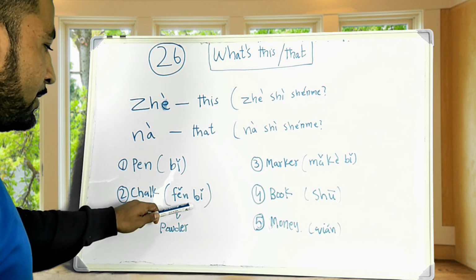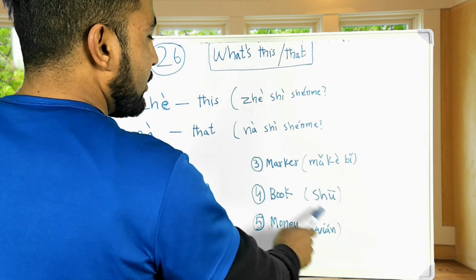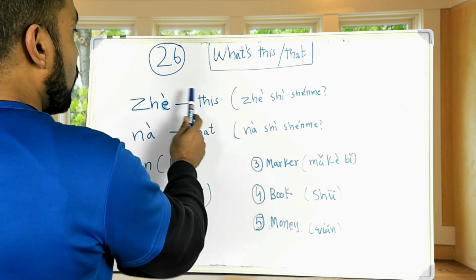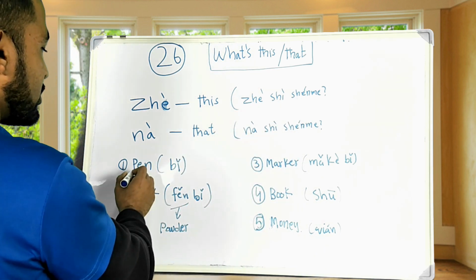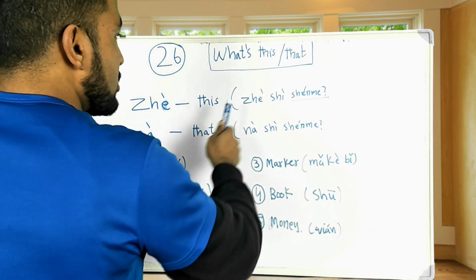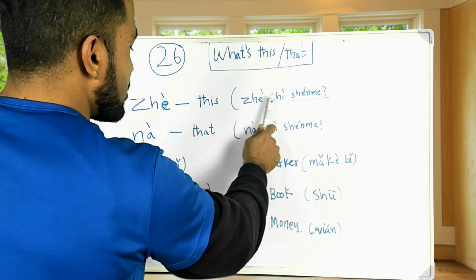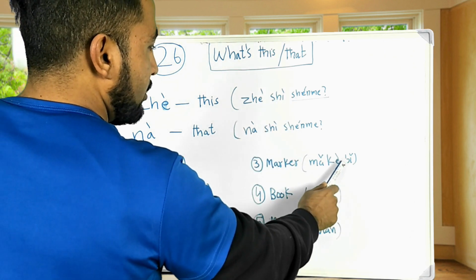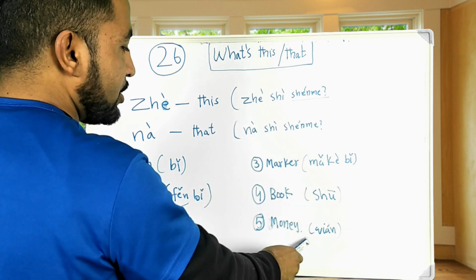笔. 粉笔. 马克笔. 书. 钱. So now we can ask these 2 questions about these 5 things. What's this? 这是什么？这是 Okay, so if we are answering this question, we will take this word and put it here. 这是什么？这是笔. 这是粉笔. 这是马克笔. 这是书. 这是钱.